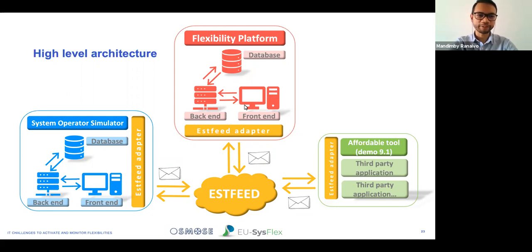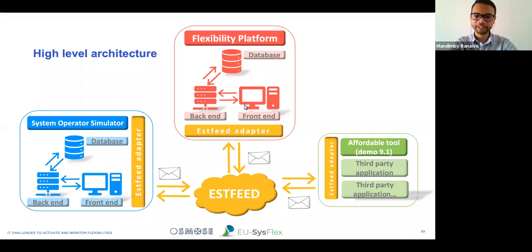On the left, you have the system operator simulator. In fact, it is a simulator of the system operator's IT system, which is responsible for, let's say, the technical data exchange with the flexibility platform.